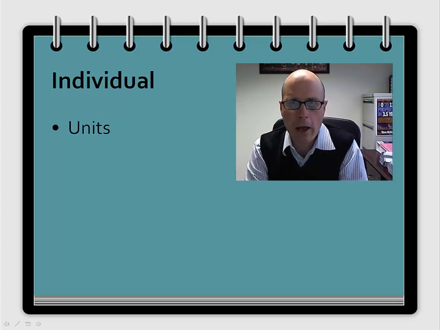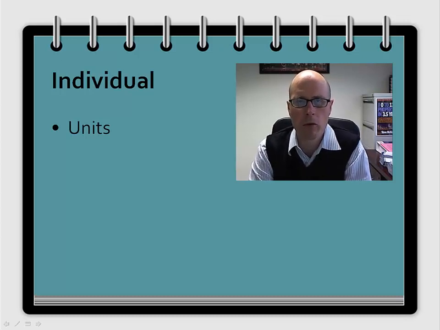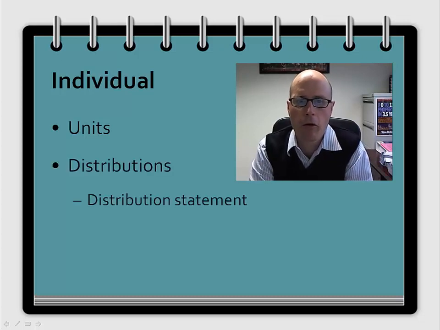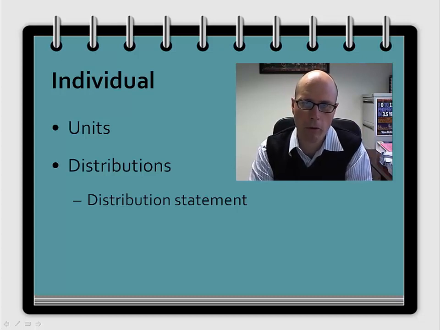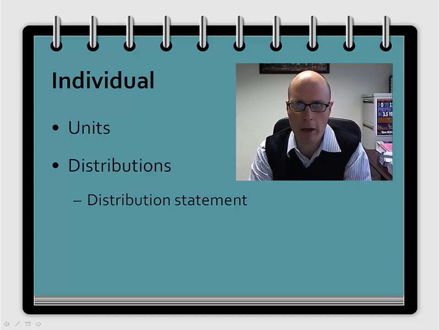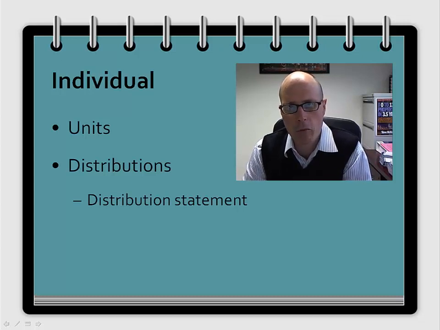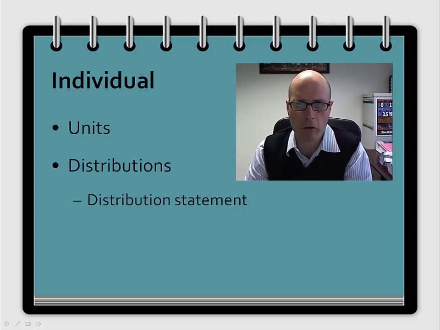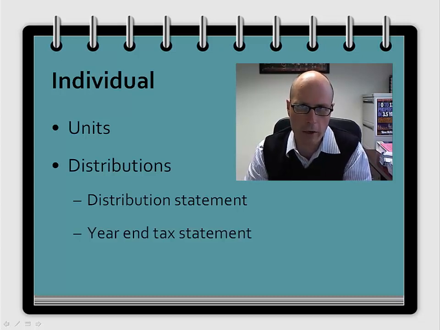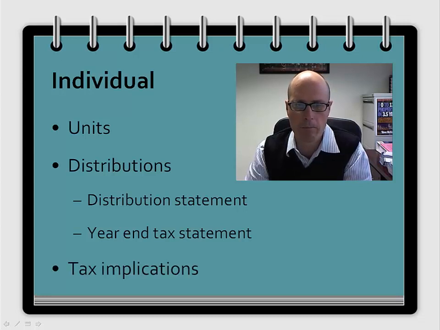Introduction. Because you're investing as an individual, the units will be issued to the name of the individual put on the application form. Furthermore, the distributions will be paid to the person named on the application form, and that person will receive a distribution statement with each distribution and also a year-end tax statement.